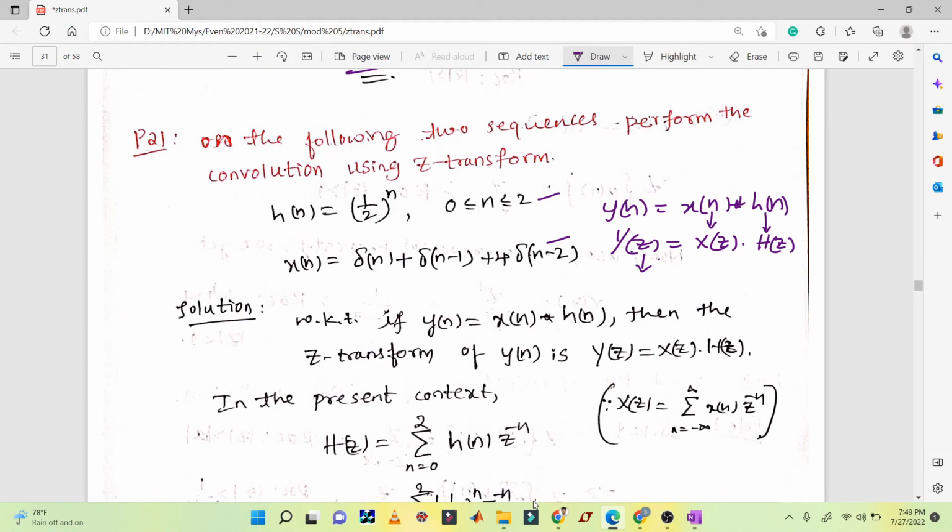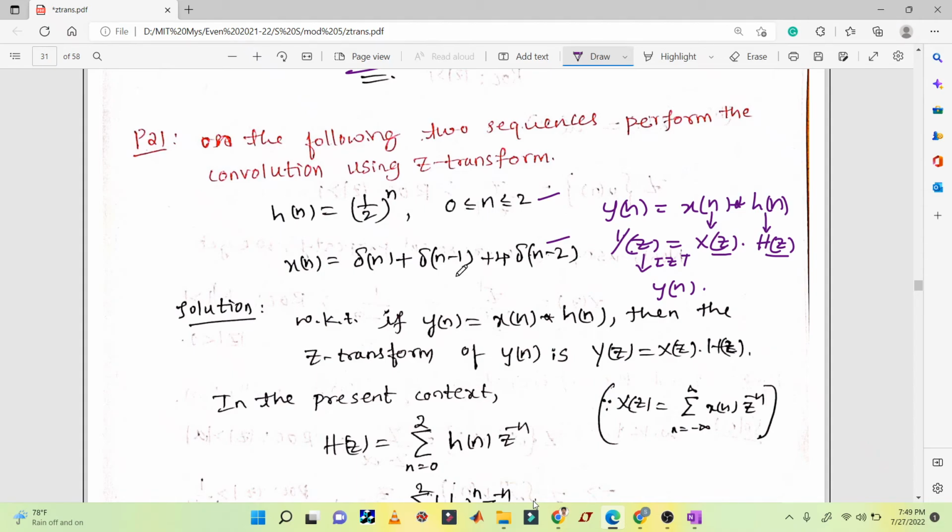Now you have to apply the inverse z transform, then you will get y of n. So this is the procedure. First you calculate x of z, then calculate h of z, multiply both to get y of z, then apply the inverse z transform to get y of n, and that is your convolution, the output y using z transform for the convolution operation given.